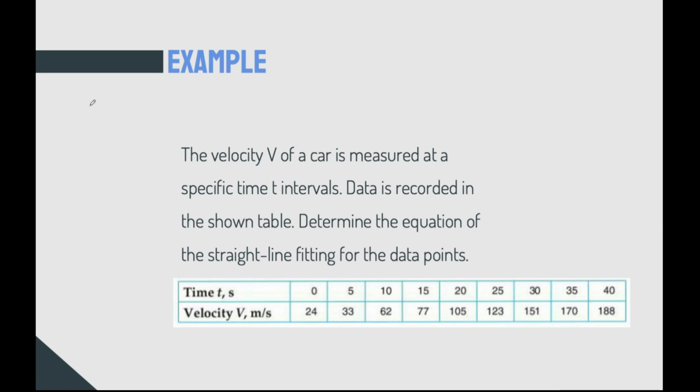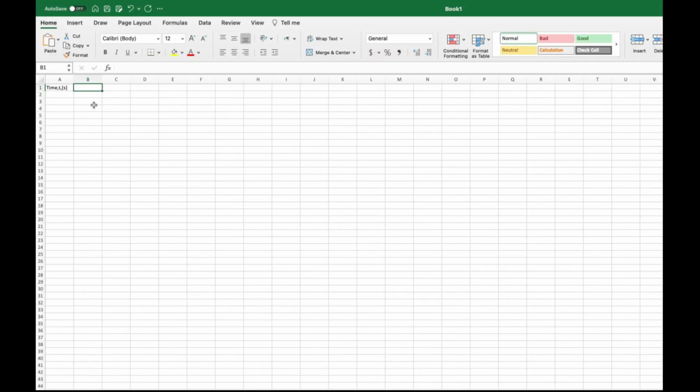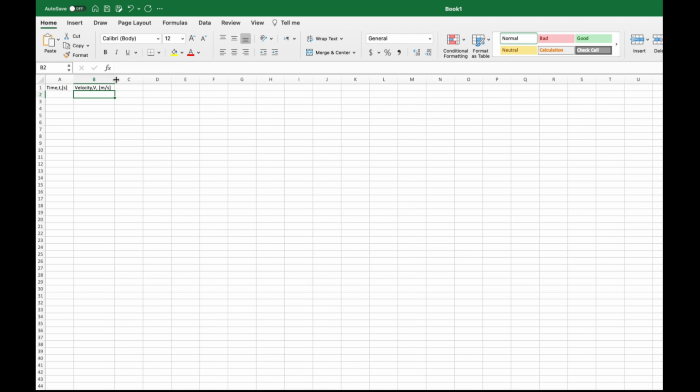Velocity v in meters per second. So we write velocity. Why do we write that? It helps us in the graph to show the naming of the things right away. The unit is meters per second. Close the bracket. You can extend your column, in case you don't know, by holding it on its edge. I believe you guys know it.